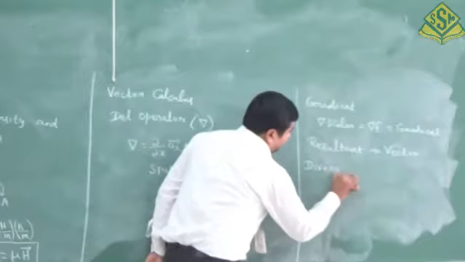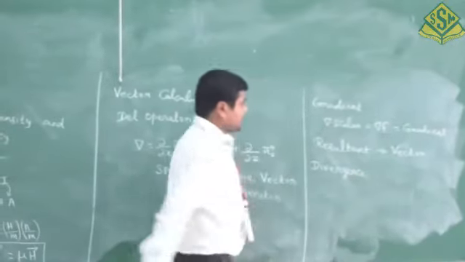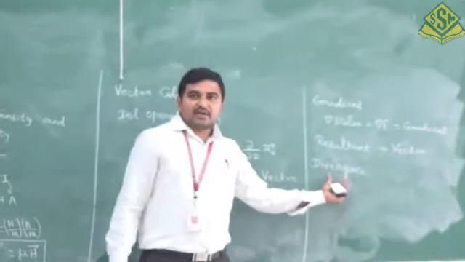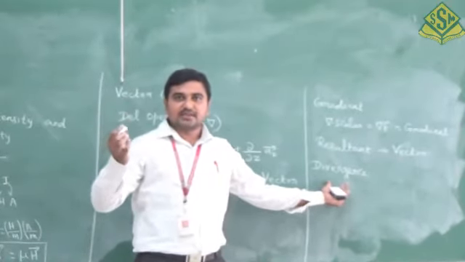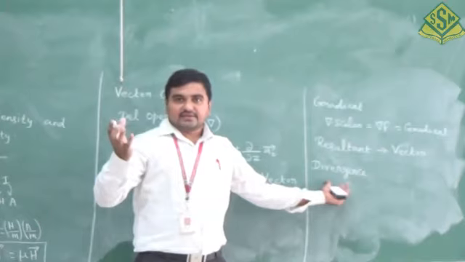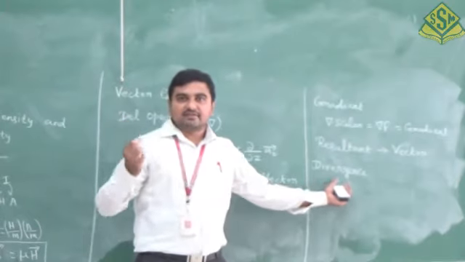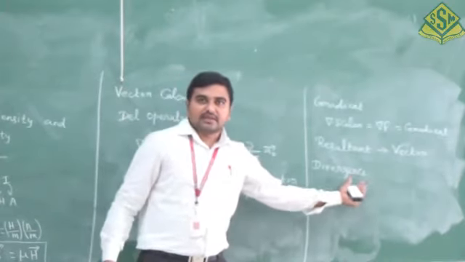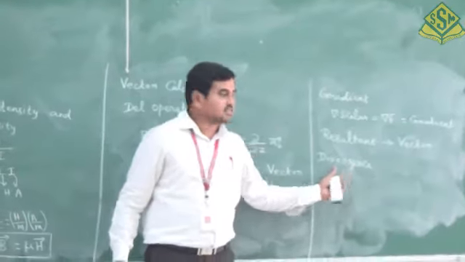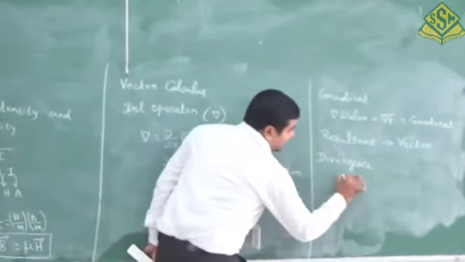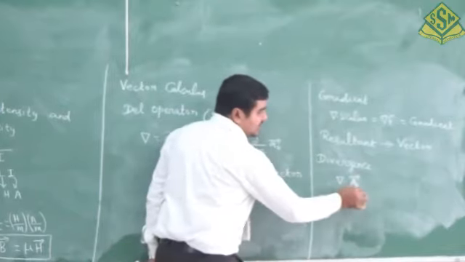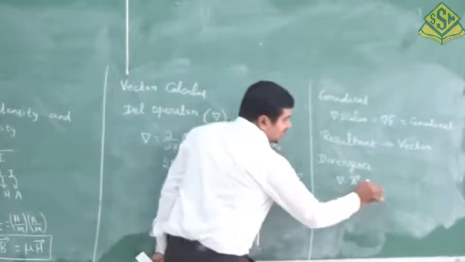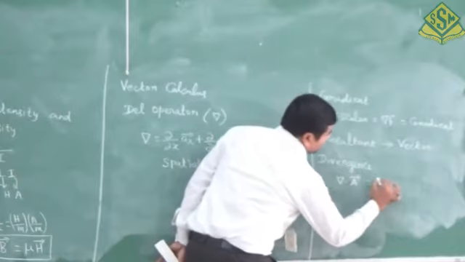Whenever we have an electric charge or static charge, it produces the electric flux lines in a diverging manner. At that time we should use divergence, that is del dot A vector.